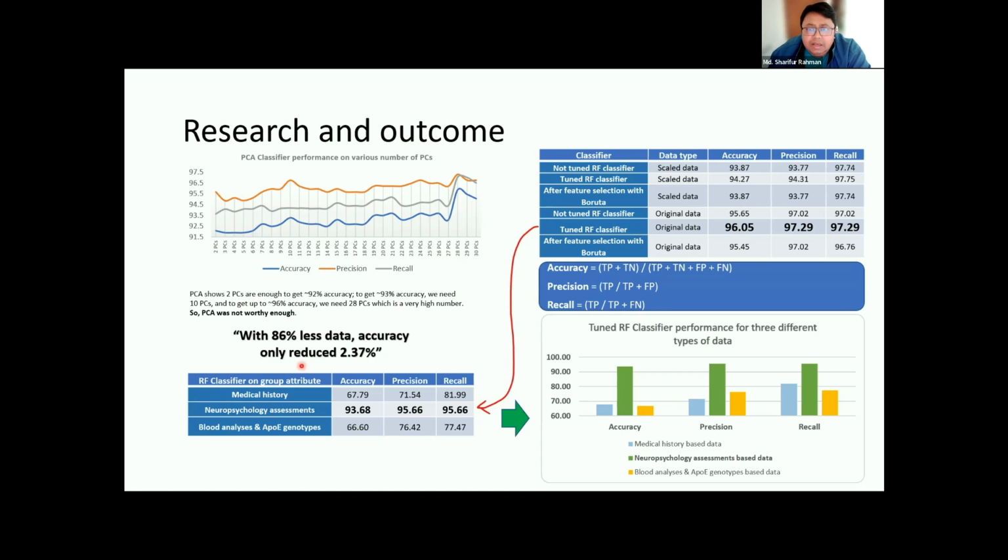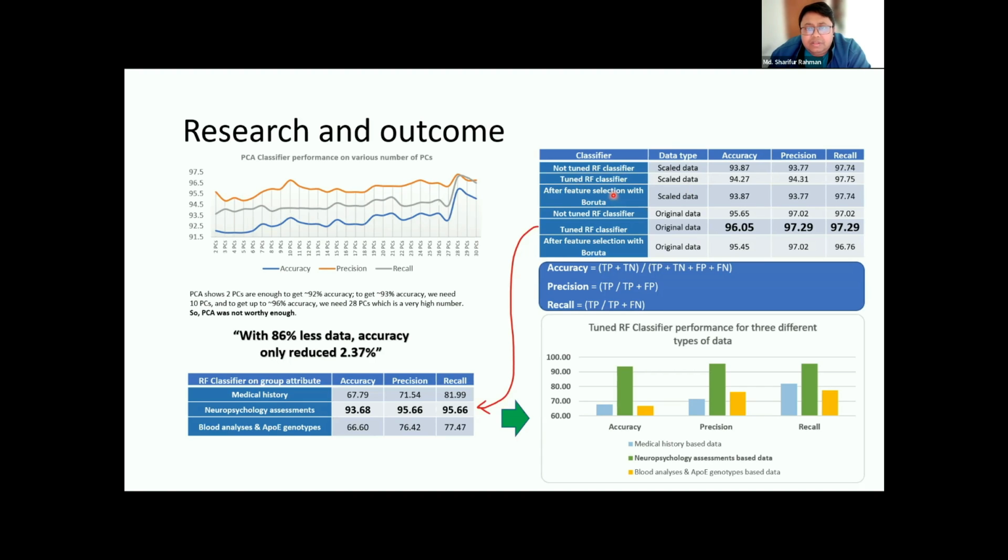The performance of the classifiers. There are actually 6 different types of classifier and data set. Like we tried with a non-tuned RF classifier with scaled data. Then we tuned our RF classifier used with scaled data.